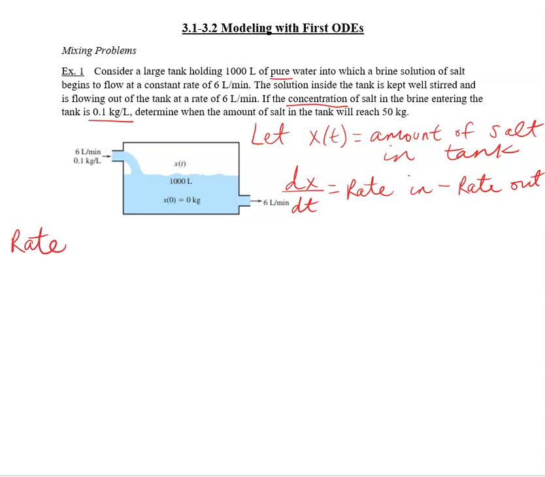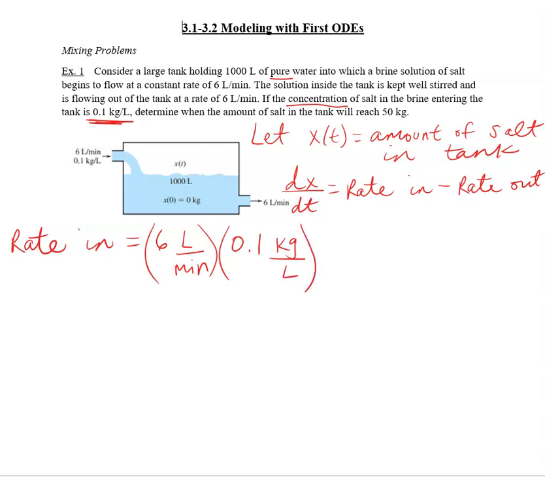The rate of the salt flowing into the tank, it's not just 6, it's a little bit more than that because that's just the rate of the water flow, not necessarily the salt itself. So the rate of the water is 6 liters per minute, but the concentration for that salt is 0.1 kilograms per liter. So I'm going to multiply this quantity by the kilograms per liter, the concentration of the salt.